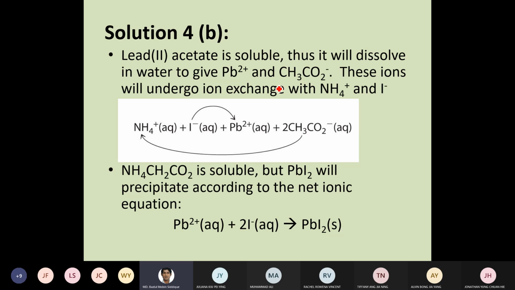Lead acetate is a liquid and it is soluble in water. But when we add iodide, for example potassium iodide, to this solution, it will produce lead iodide, which will be solid.